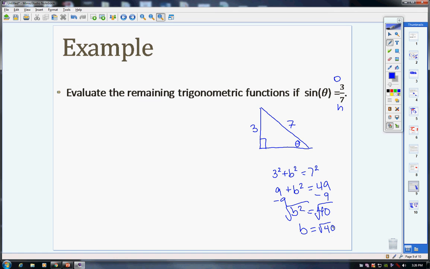I'm going to break it down. 2 and 20, 2 and 10, 2 and 5. And so what I have is the square root of 2 times 2 times 2 times 5. I'm looking for a pair of 2's to pull out, so it becomes 2 square roots of 10. So I pull out one number for each pair I find, and then I leave and multiply what's left underneath.